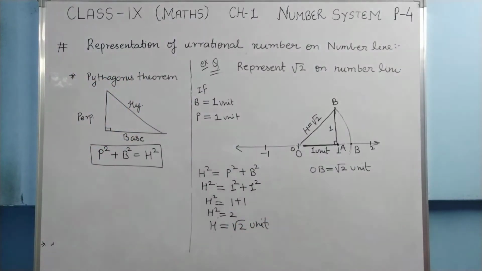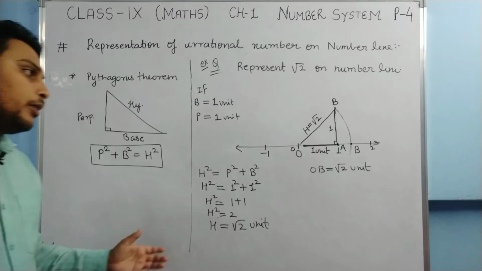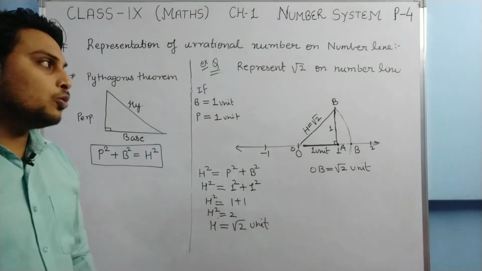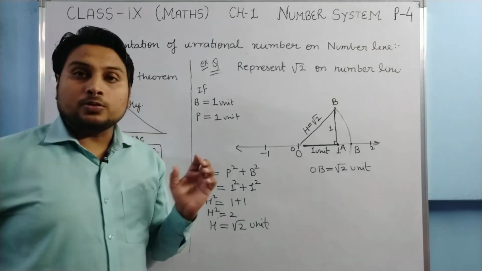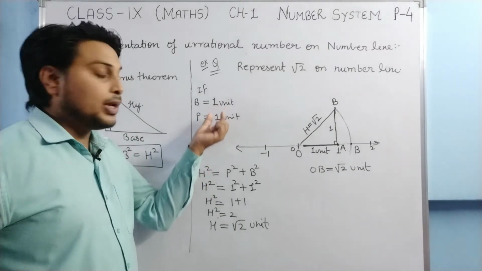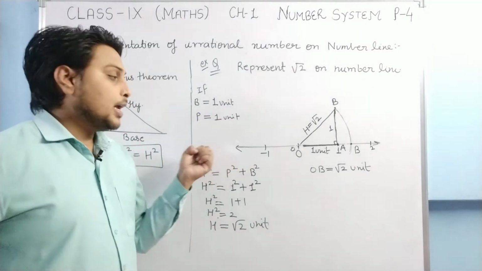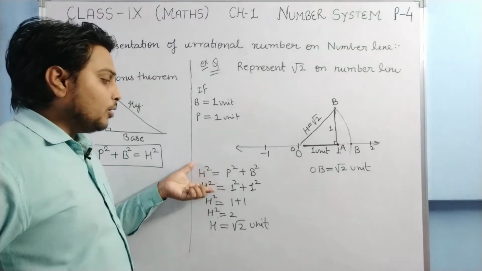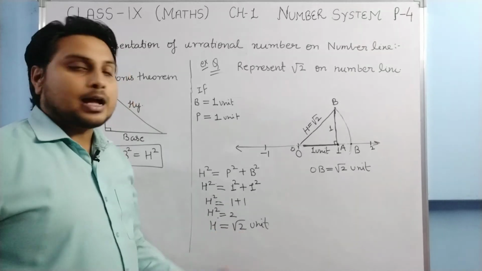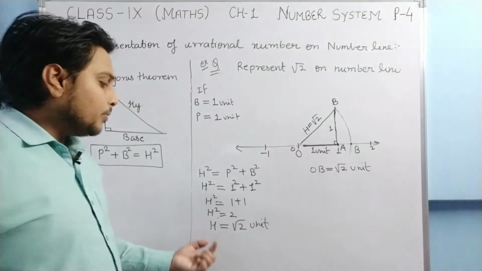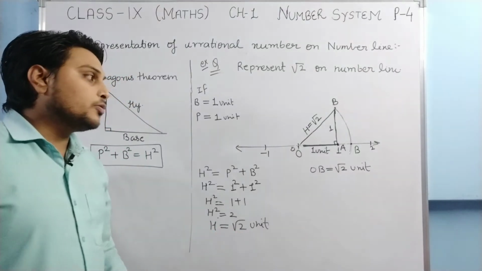So for any number which is to be shown on the number line, what will we do? We will take two values, one value of base and one value of perpendicular, such that they follow the Pythagoras theorem, and that number should be the hypotenuse value.